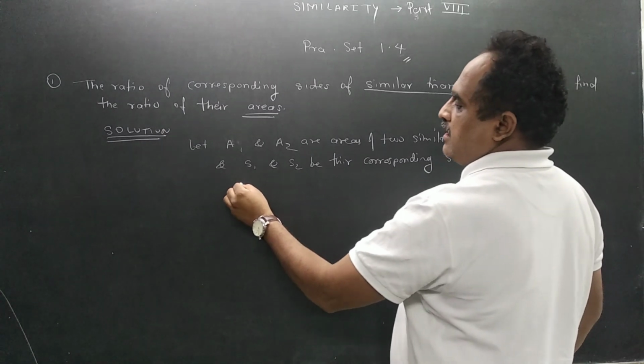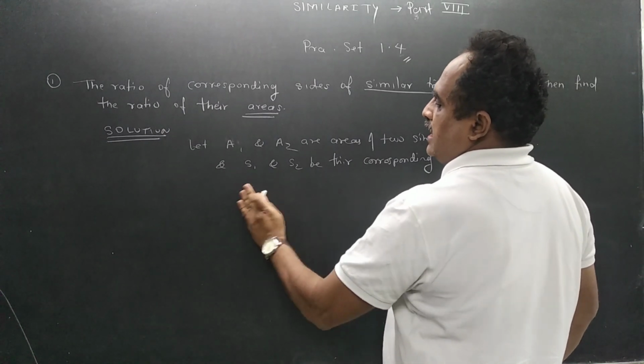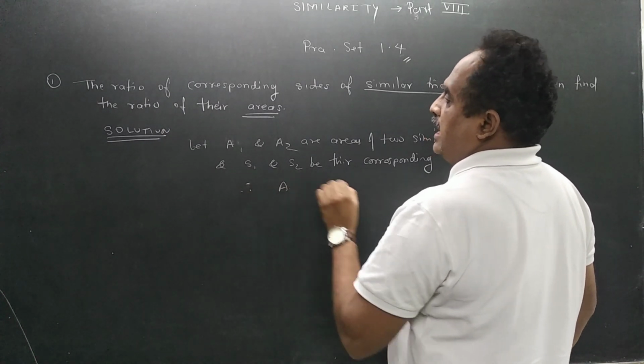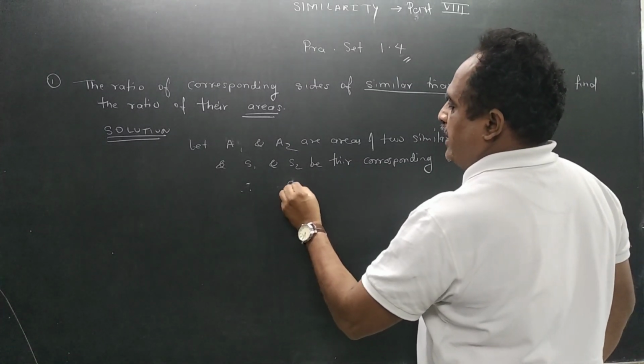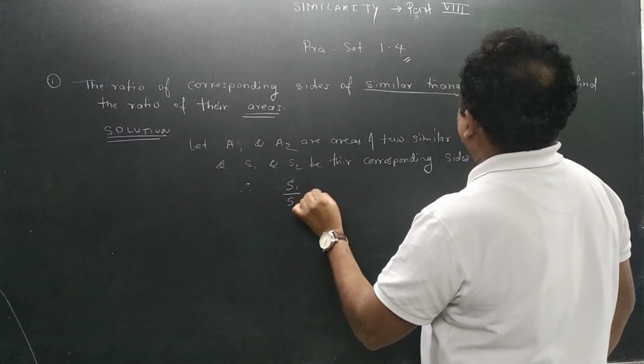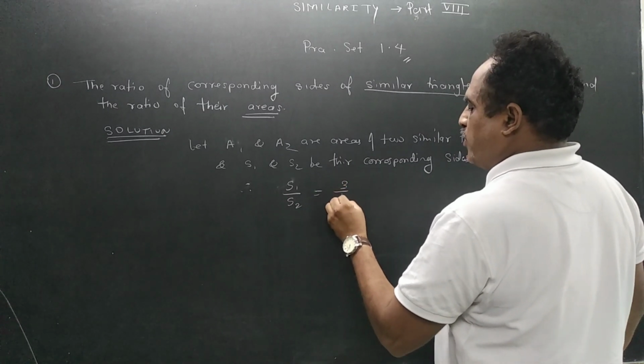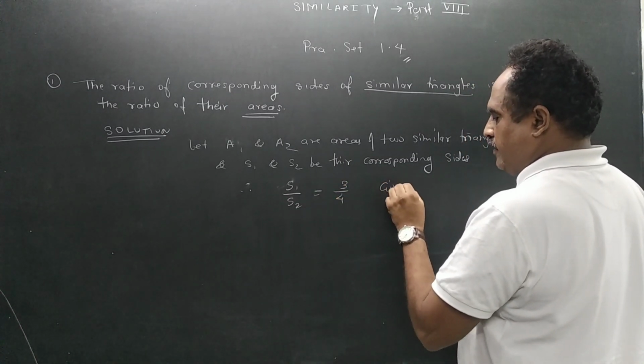Therefore, what will happen now? S1 upon S2 is equal to 3 upon 5, it is given.